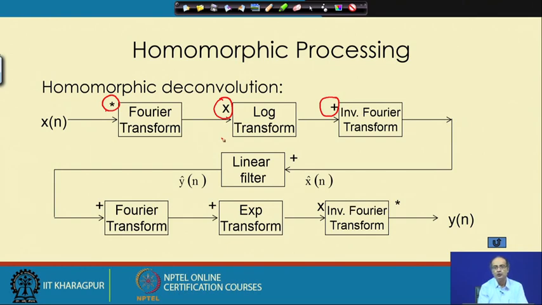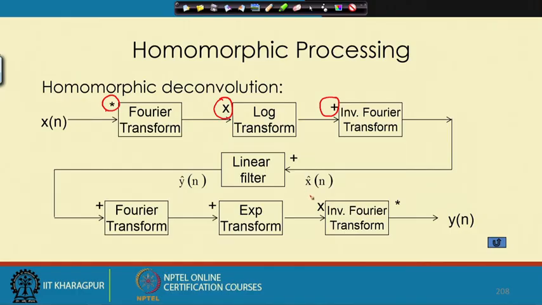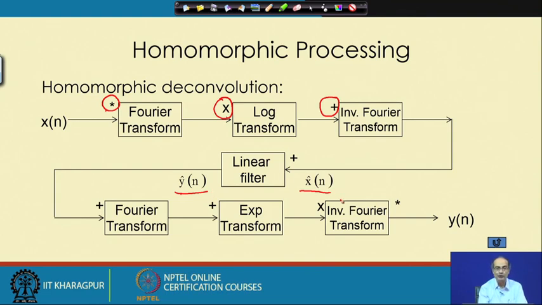To do the linear filtering in the time domain, we need to come back to the time domain again. So, we need to take an inverse Fourier transform, and then we get something called x hat [n], and this can be passed through a linear filter, and we can get y[n], provided these components are well separated.